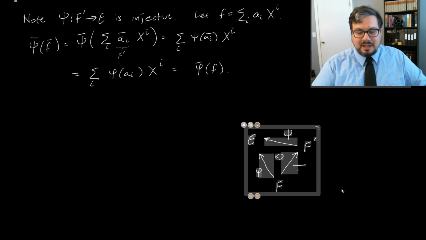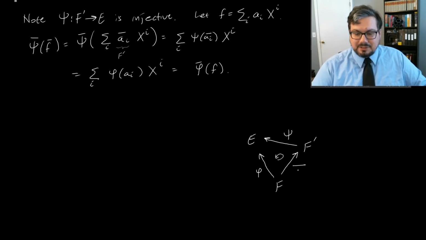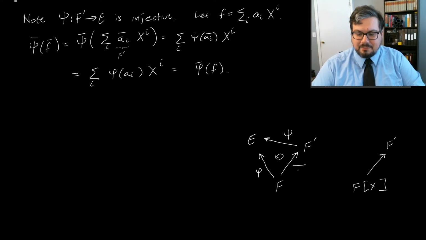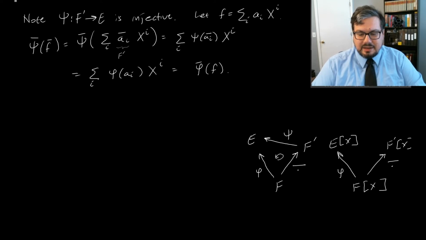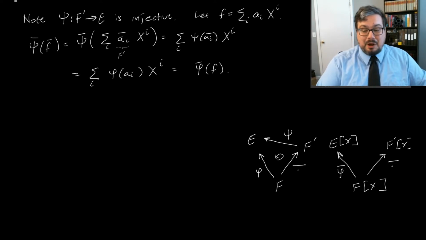Now, if we apply things on the level of polynomial rings, we've got f adjoin x, which goes to f prime adjoin x, and we're using the same notation of the bar for this part. Now f adjoin x goes to e adjoin x. That function is phi bar that we're using, and we've got psi bar.